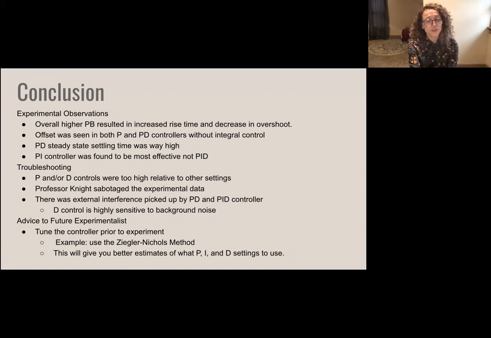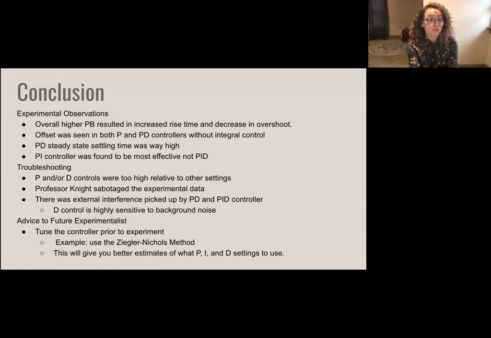The second one was maybe Professor Knight sabotages this experimental data. I don't know, it's just a theory. And then third, there was an external interference picked up by the PD and PID controller. And the reason why we believe this is because D control is highly sensitive to background noise.